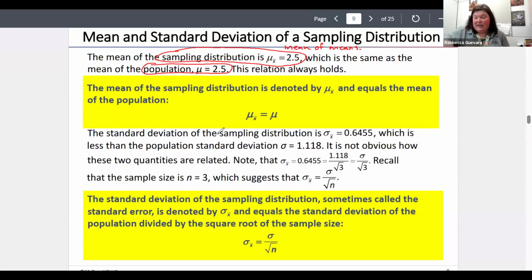So one of the things we know is that if I collect every possible sample of a certain size, what we should expect is that the mean of the sampling distribution, which we denote as mu of x bar, is going to be equal to the population mean. And because I'm doing samples, when we collect a sample, that sample should be close to your population mean.